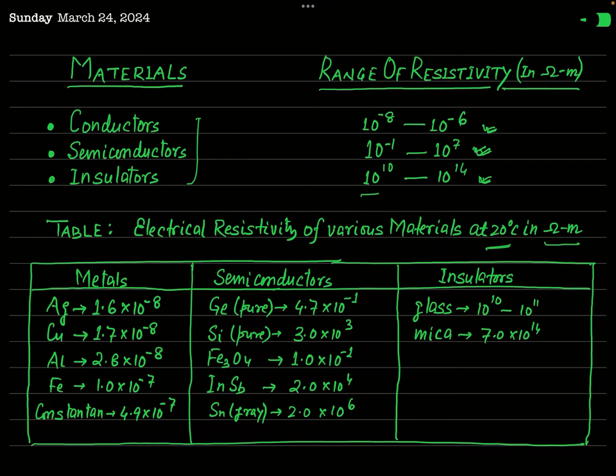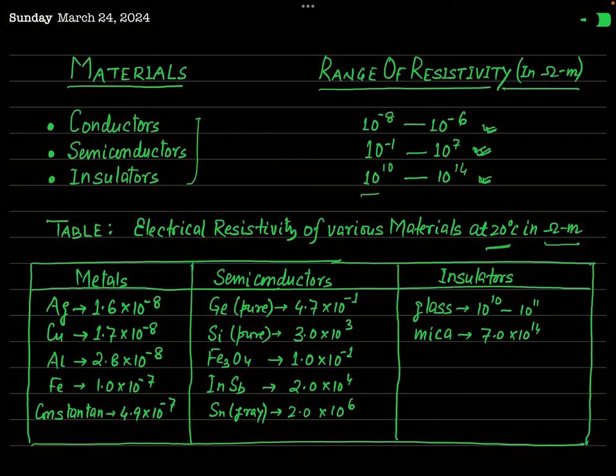I am not saying that you have to remember these values. There is no need to memorize this. This table has been shown only for explaining the fact that the resistivity of the semiconducting material lies between the resistivity of metals and insulators.